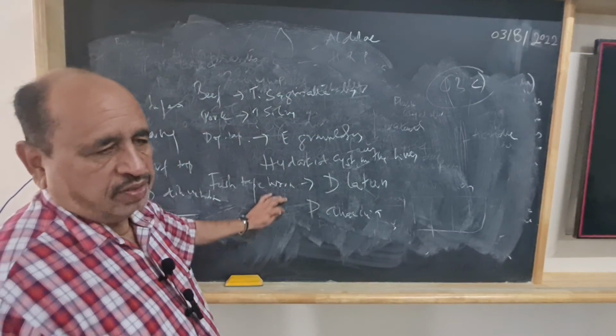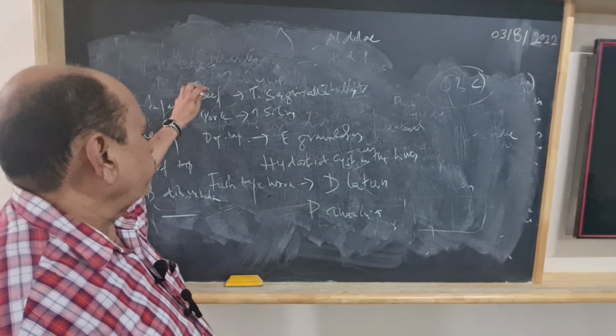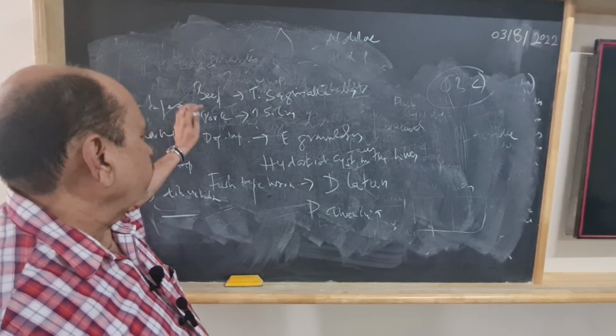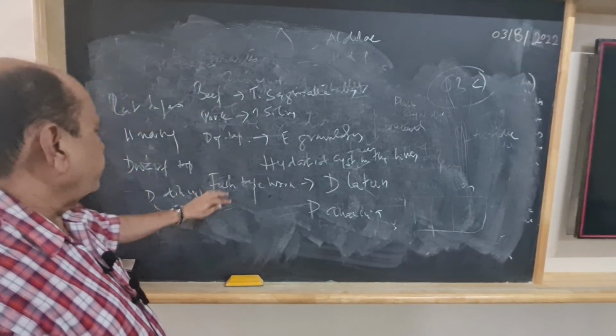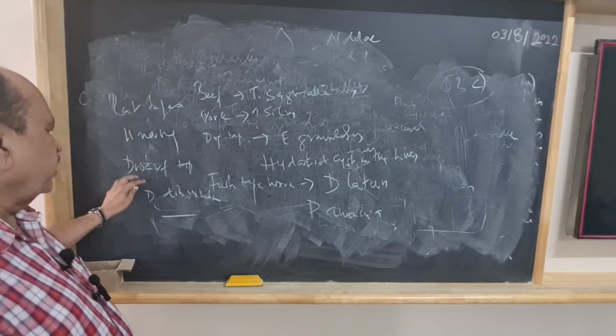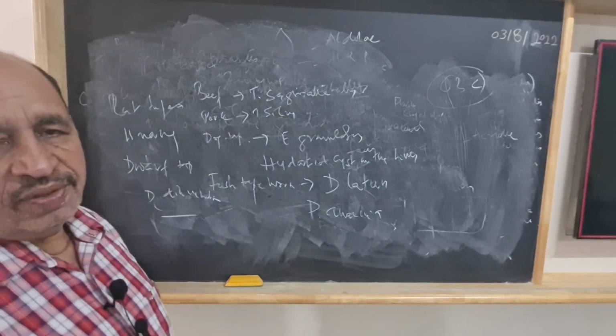So many tapeworms are there: beef, saginata; pork, solium; dog, Echinococcus granulosus; fish, Diphyllobothrium latum; rat, Hymenolepis nana; dwarf, diminuta.